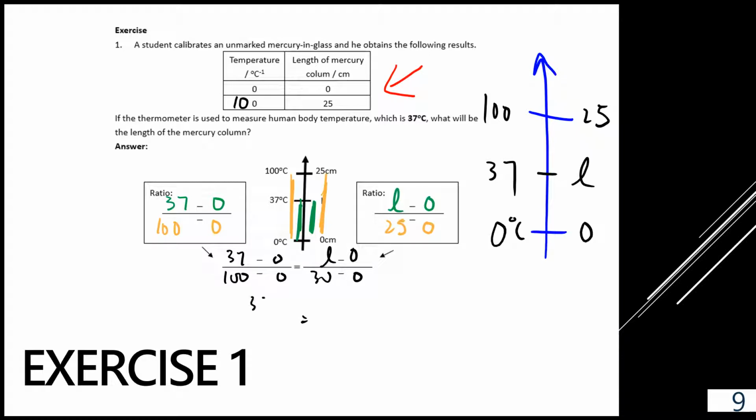After that, you can simplify the equation. Using your calculator, you'll find that L is equal to 11.1 cm. So that's how you can get the answer. Let's take a look at other questions.